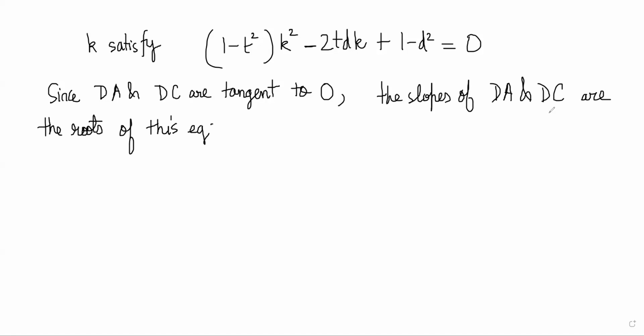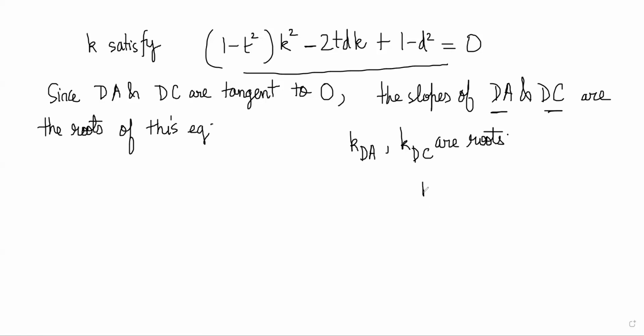Because if you remember, our straight line was y is equal to kx plus d, which was the slope of the straight line through D and tangent to the circle O, right? So k was the slope of that straight line. So this quadratic equation should give us slopes of dA and DC, right? So kdA and kdC are roots of this quadratic, right? So what we get is kdA plus kdC is equal to the sum of the roots in this quadratic, 2td by 1 minus t square.